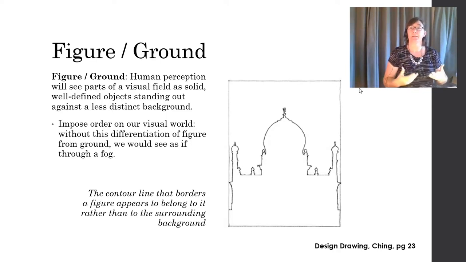It's very easy to see for us as humans, as observers looking at this picture, that there is a figure at the bottom of the drawing here, contrasting to the ground or the background of that piece. And interestingly enough, we interpret this contour line, this element of line, to belong to the figure and not to the ground.